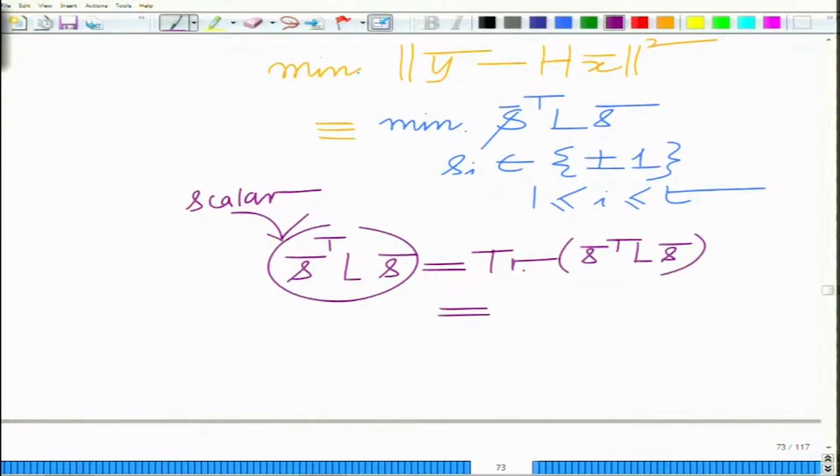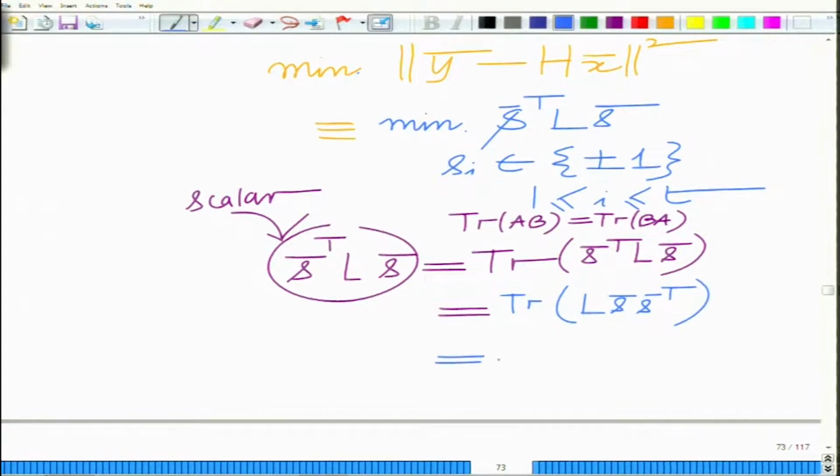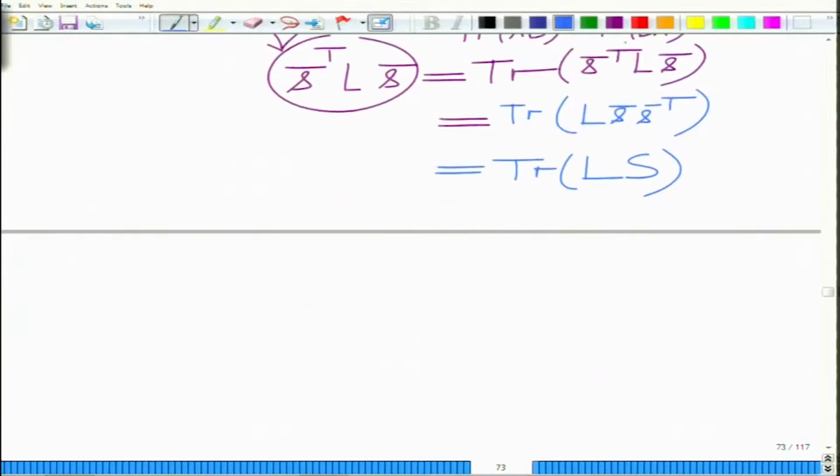Now, using the property trace AB equals trace BA, this becomes trace of L S bar S bar transpose, which I can now write as trace of L S, where S equals the matrix S bar S bar transpose, which is of course positive semi definite.